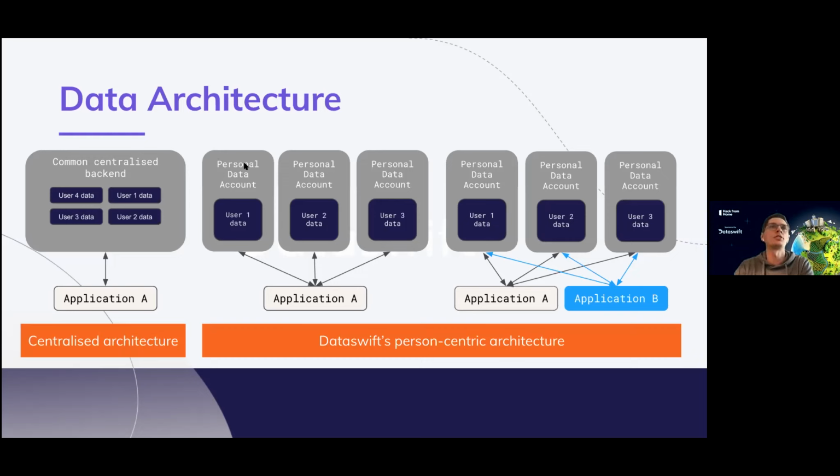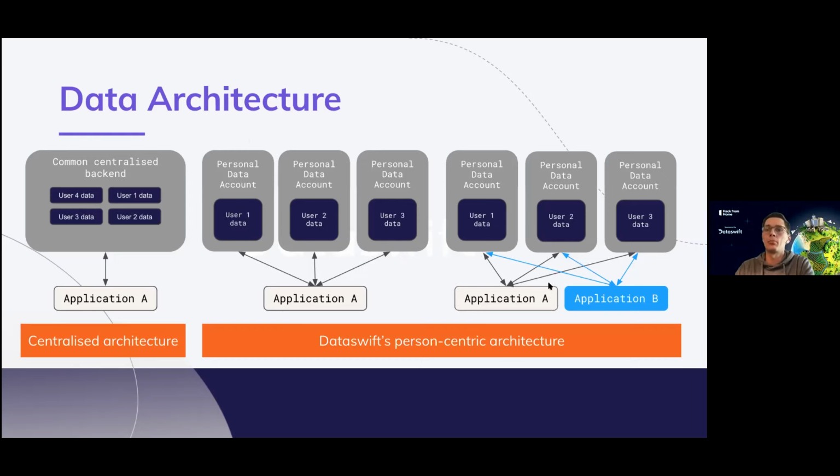So the model changes slightly. If you are building an application on a PDA, your application first will need to talk to different databases for different users. User one now has their own database, user two has their own database, and user three has their own database. And using our API, the application would just connect to these different databases.